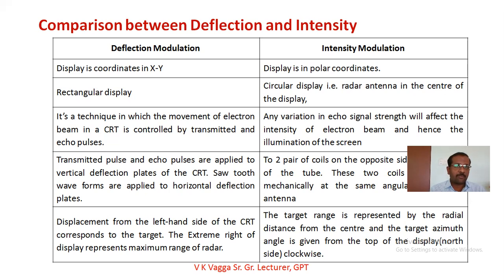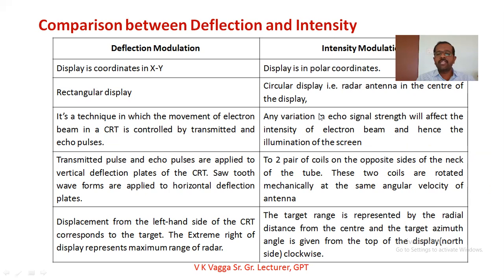If they are not applied, it is going to show only a horizontal line. And in the intensity modulation, what happens? Any variation in the echo signal strength will affect the intensity of the electron beam, and according to that it is going to change its illumination, so its brightness is going to change.